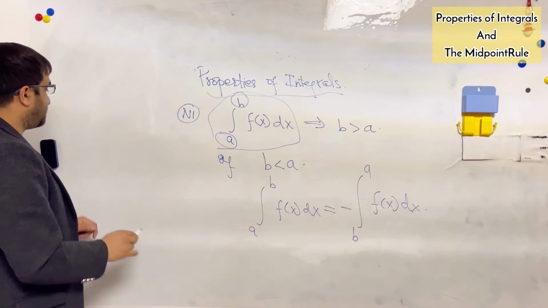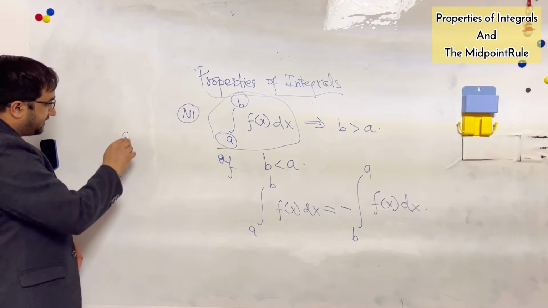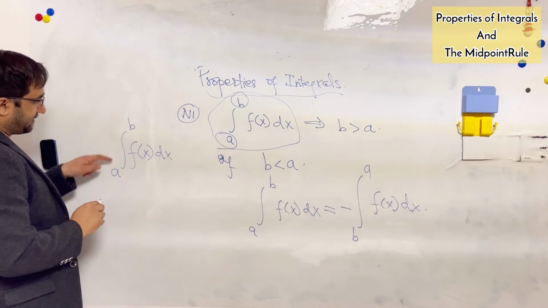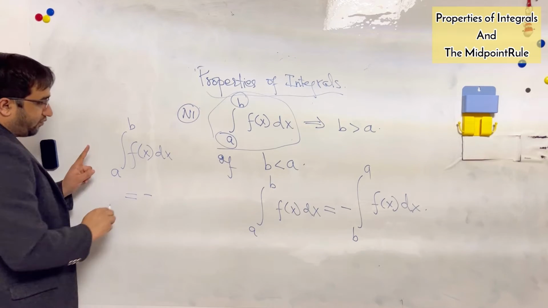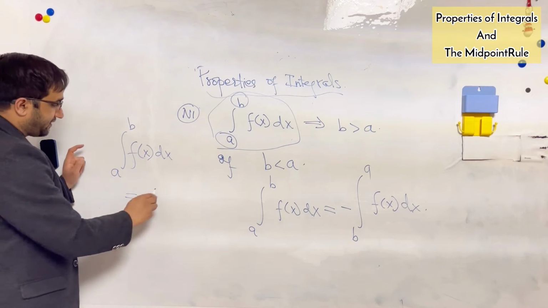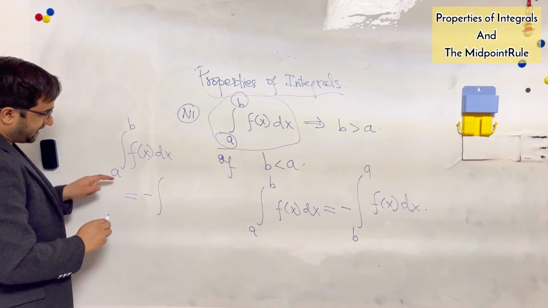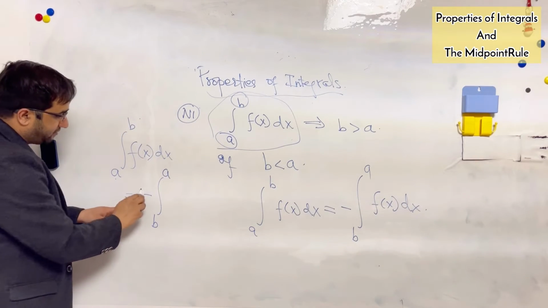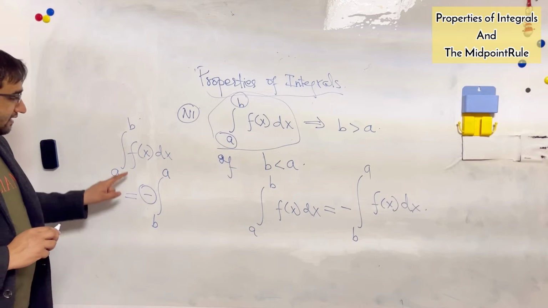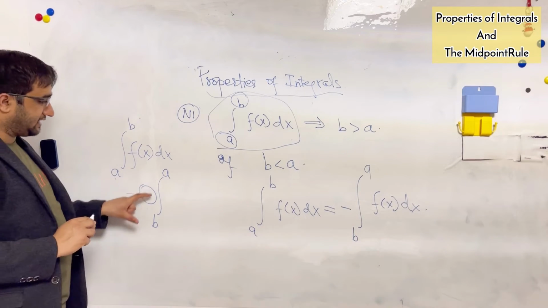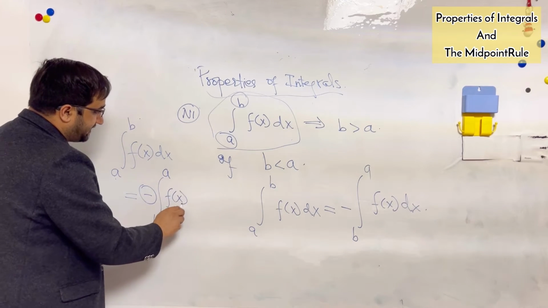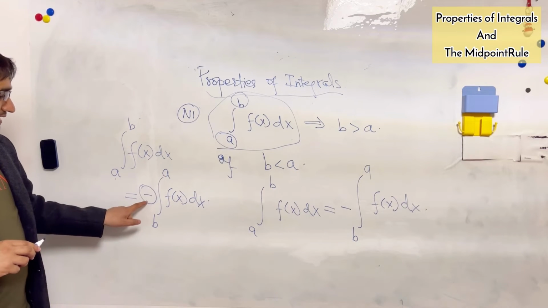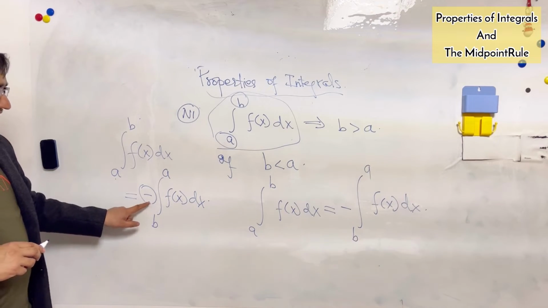So the point is that you can always switch these limits between each other. One time when you switch them, if you want to move this b here and this a here, you have to multiply by one negative for one time switching these numbers. So every time you switch these numbers, you have to add a negative before the integral.